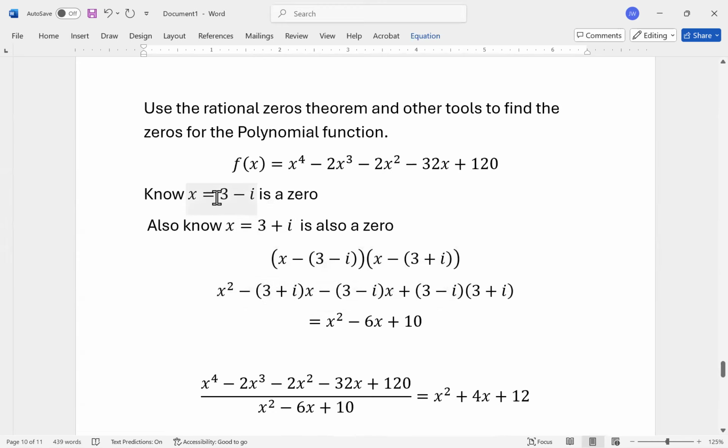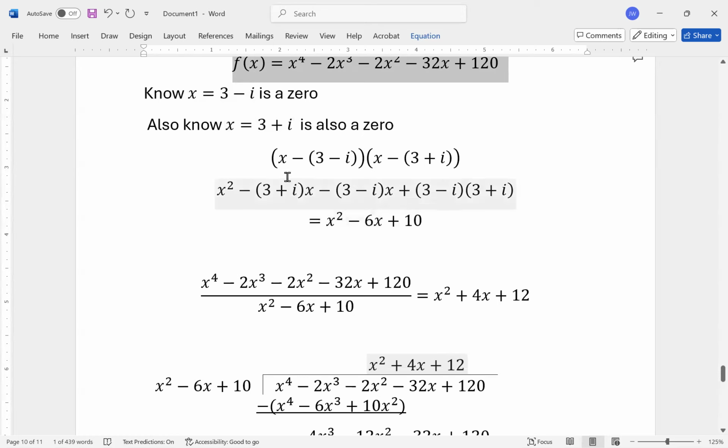If I'm given a polynomial function, it has no rational zeros. You could have done the rational zeros theorem. I want to save time, so I don't want to do that. And checked all factors of 120. You would have found none of them give you a 0. But since we know 3 minus i is a 0, we know its complex conjugate is also a 0. We can use those two to give me a quadratic that will divide my original polynomial.